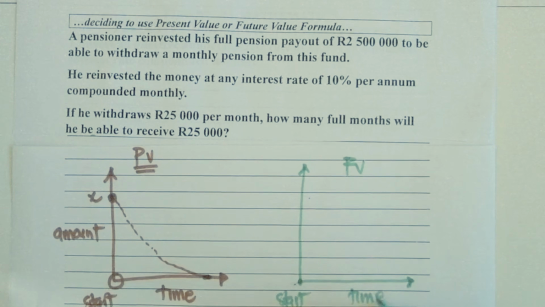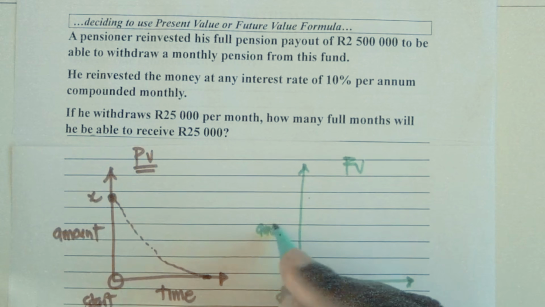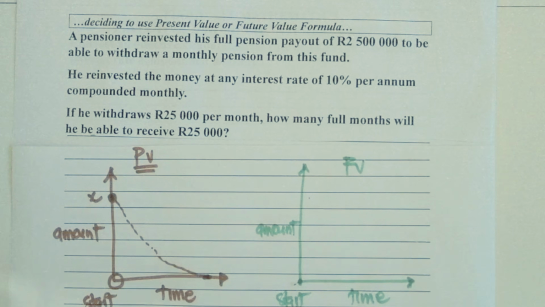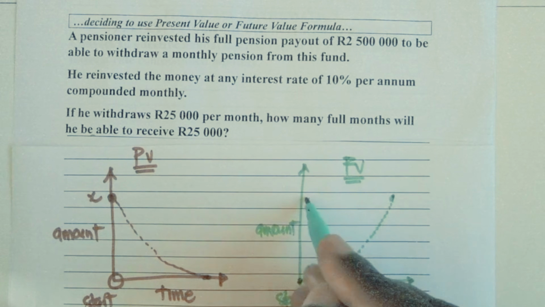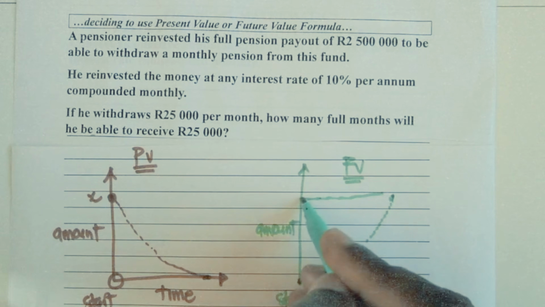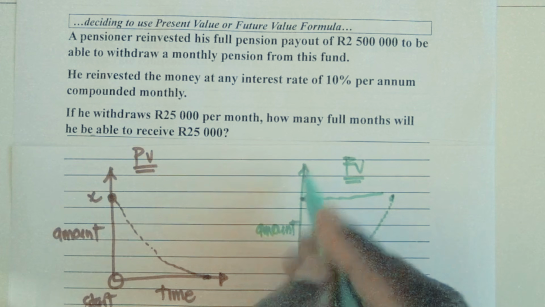This is representing the time. This is representing the amount. So for FV, future value, we start with nothing. And as time progresses, we are investing a certain amount of money every month or every quarter, depending on how the investment is structured. And when we reach a certain point, we will see that in our account we have accumulated a certain amount of money.